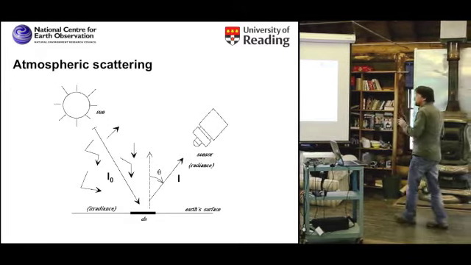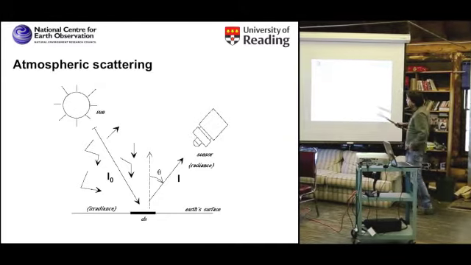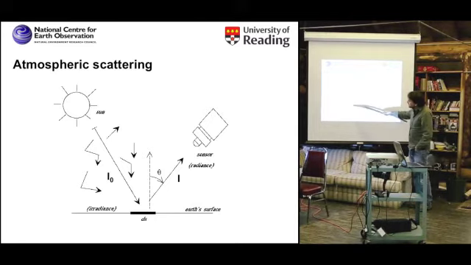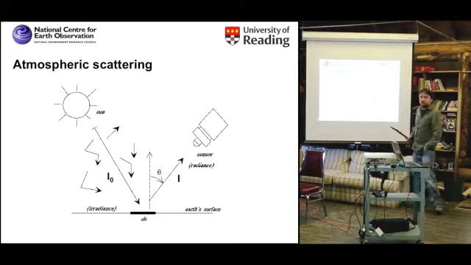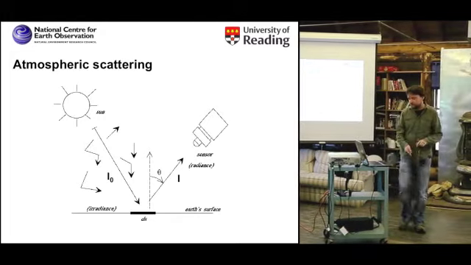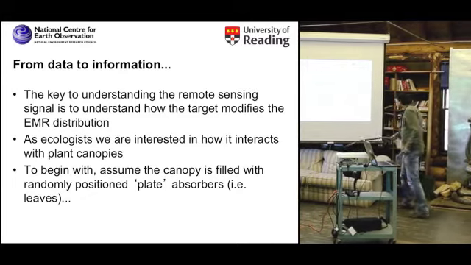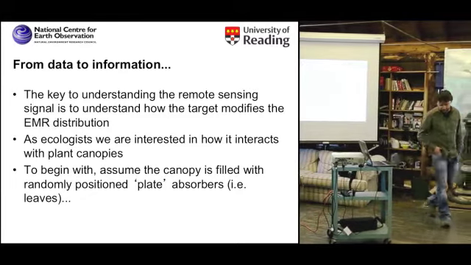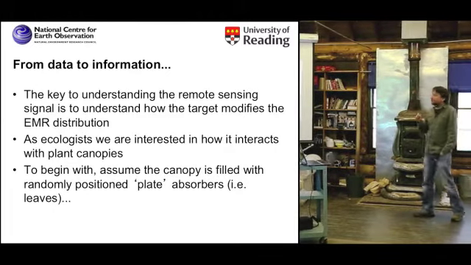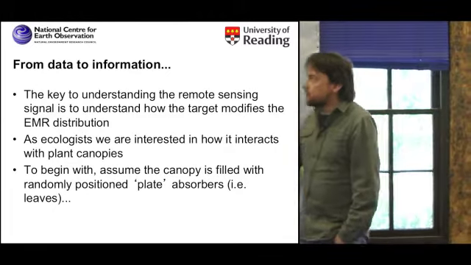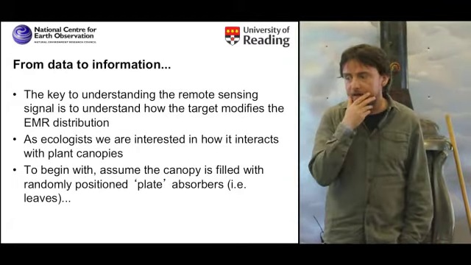Oh, and by convention, that reminds me, over the next few slides, I'm going to be calling the intensity of the incoming radiation I0 and the intensity of the outgoing radiation I. So the key to understanding the remote sensing signal is to understand how the target modifies that distribution of the incoming electromagnetic radiation.